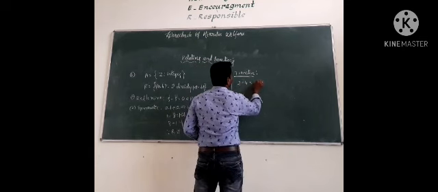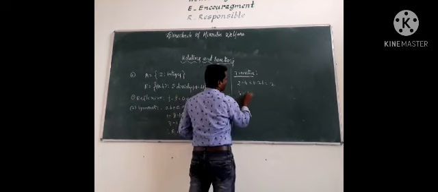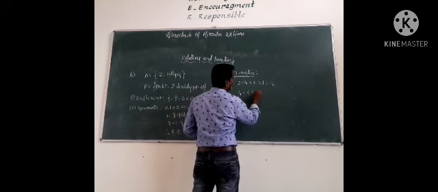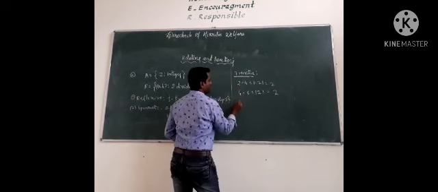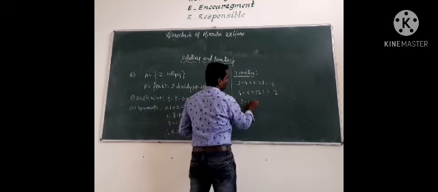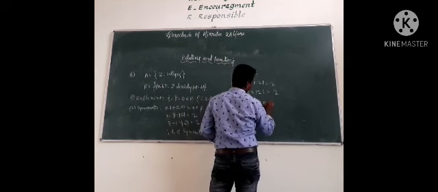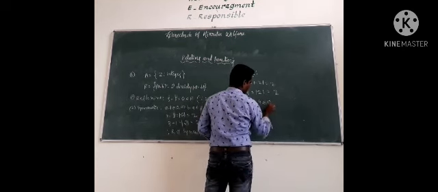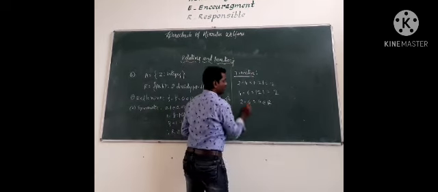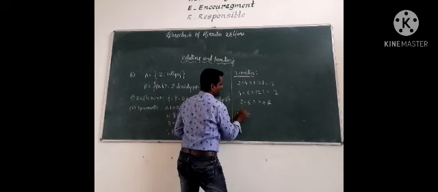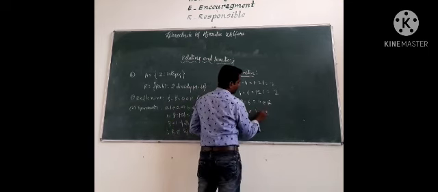Next, transitive. 2 minus 4 equal to minus 2, we get 2. 4 minus 6 equal to minus 2, this is also 2. Next, 2 minus 6 equal to minus 4, and 2 divides 4. Because 2 divides 4, therefore R is transitive.